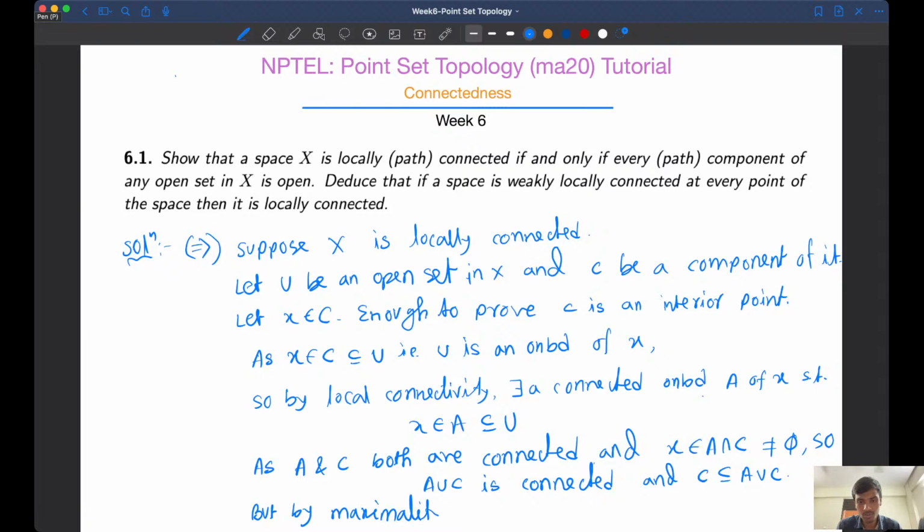But by maximality of C, this A intersection C must be equal to C, that is, in particular A contained inside C, right?